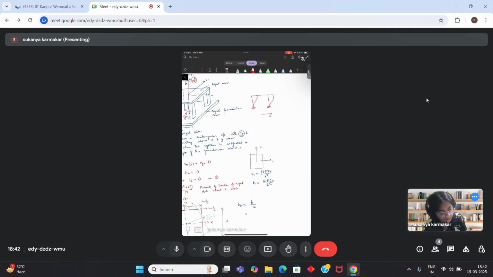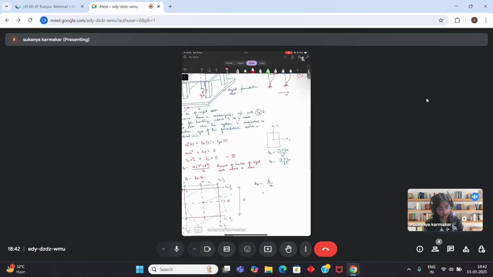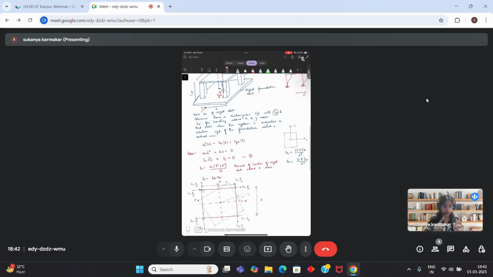You will have u1, u2, and u3. But in dynamics, u2 and u3 are not coming into the picture. You just need u1. Then you use static condensation. Here, I'm just finding k theta because that is the only degree of freedom we are interested in.